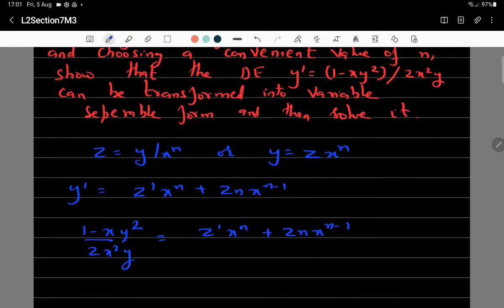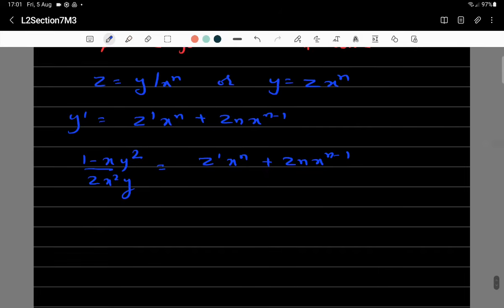Now we must substitute the value of y, which is z x raised to the power n. So this becomes (1 minus z square x raised to the power 2n plus 1) divided by 2z x raised to the power n plus 2 is equal to z dash x raised to the power n plus z n x raised to the power n minus 1. Yes, this is not 2n, this is zn.